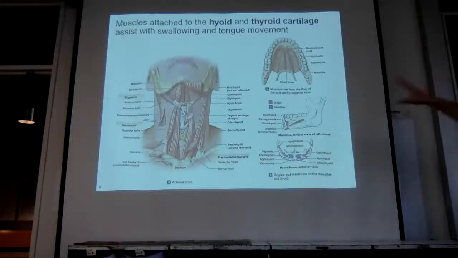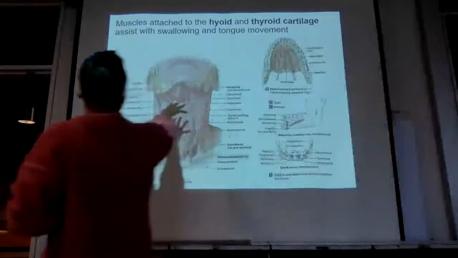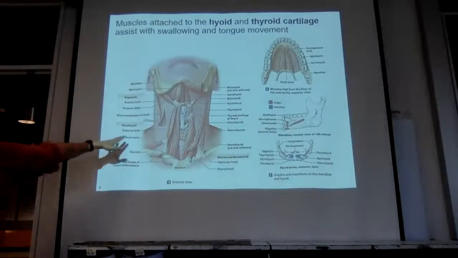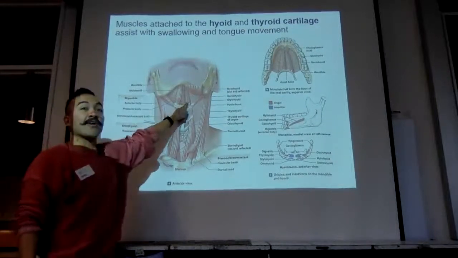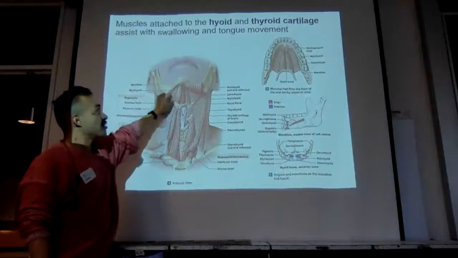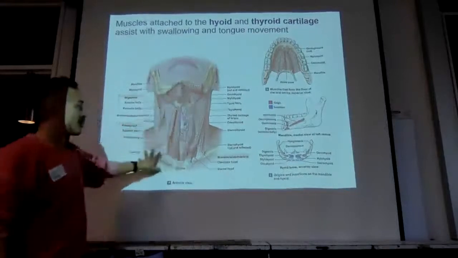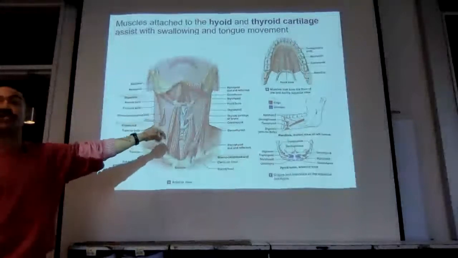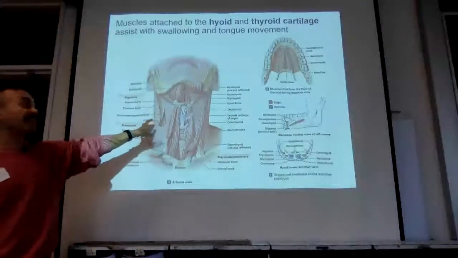There's a lot of different muscles for chewing and swallowing. Sorry, not chewing, for swallowing and tongue movement. You can see here's our hyoid. The hyoid is connected to a bunch of different muscles that connect to the tongue or connect to other parts of the neck region. I'm not going to test you on the individual muscles found here.